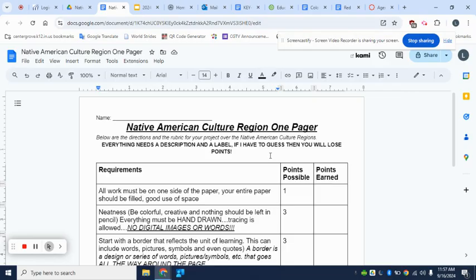You could also use the online resource that is in Canvas. That's the resource that you use to fill out the graphic organizer and to complete your region worksheet. You could also use Google. So if you cannot find some things using those 2 resources, then you can Google some images and information about your specific Native American culture region.